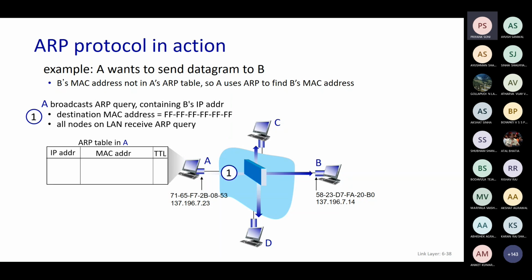So first, what will A do? A will broadcast an ARP query containing B's IP address. Why will it broadcast? Because it does not know who in this particular connected link has this particular IP address, right?